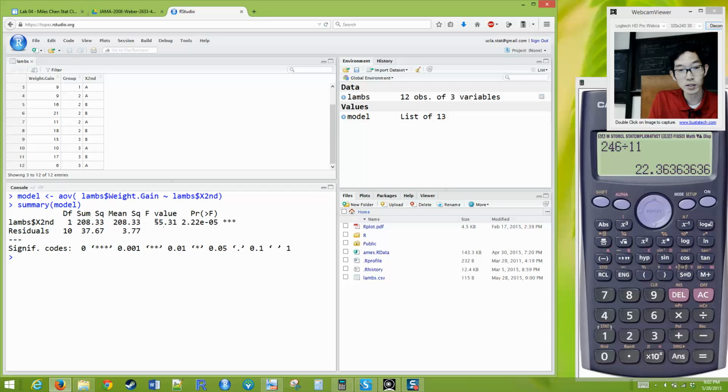When it becomes significant, it starts putting a bunch of stars next to it. Three stars means it's significant beyond 0.001. Two stars means it's significant beyond 0.01. One star means it's between 0.01 and 0.05, and you get a dot or nothing.